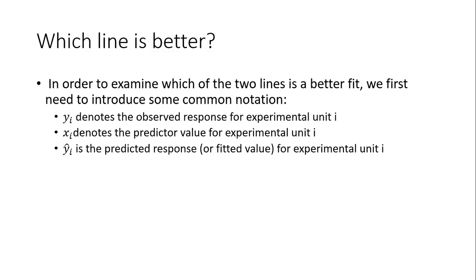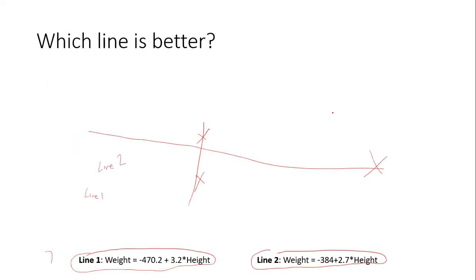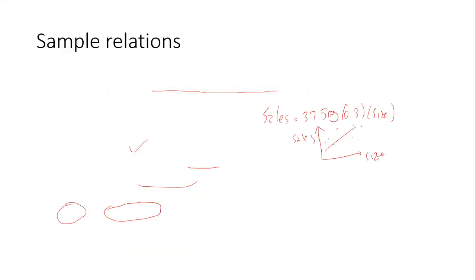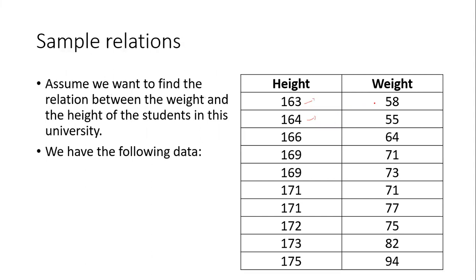let's introduce some common notation. So yi denotes the observed response for experimental unit i. What is yi? Let me go back to the data. So this is your yi. This is y1, the weight.